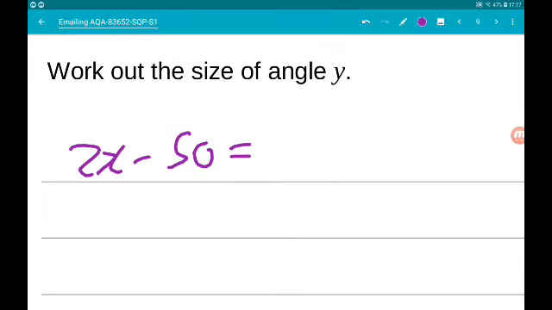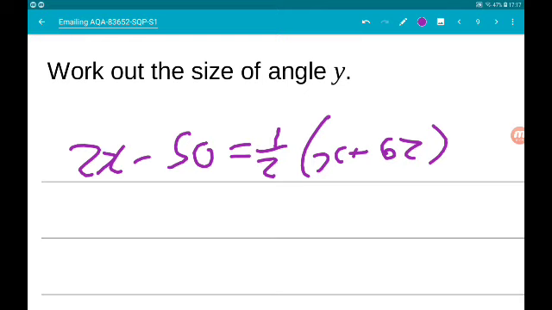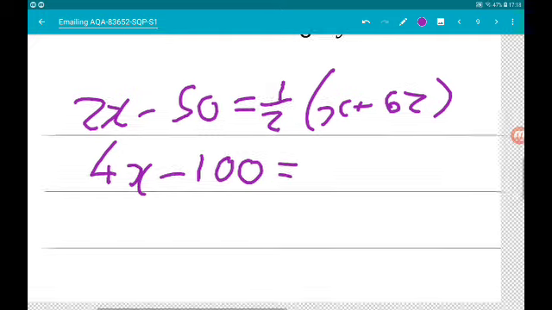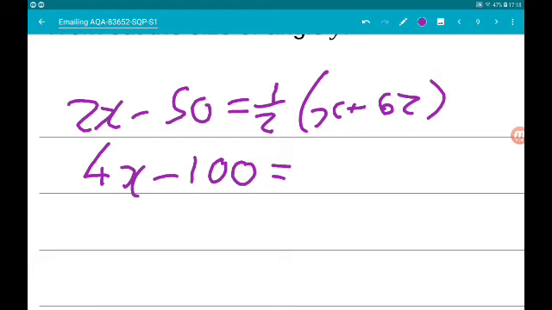What this is going to allow us to do is work out what x is. So if we multiply both sides by 2, then we get 4x minus 100 is equal to x add 62.